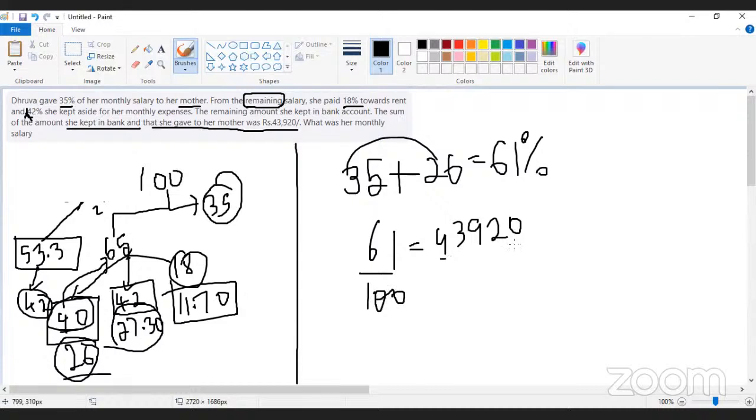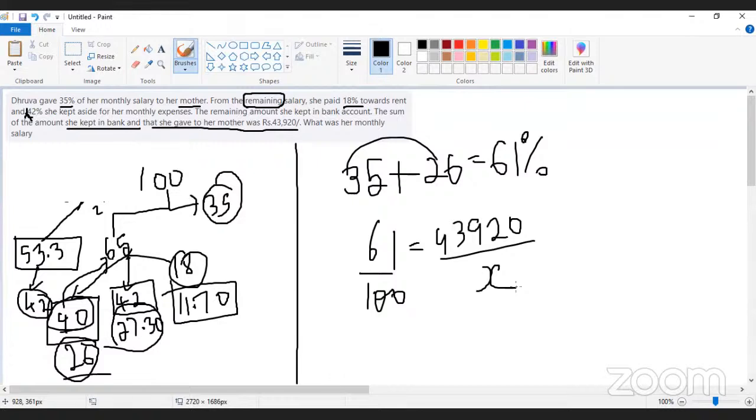That is 100%. What is her 100%? Can you find it? So 72,000.